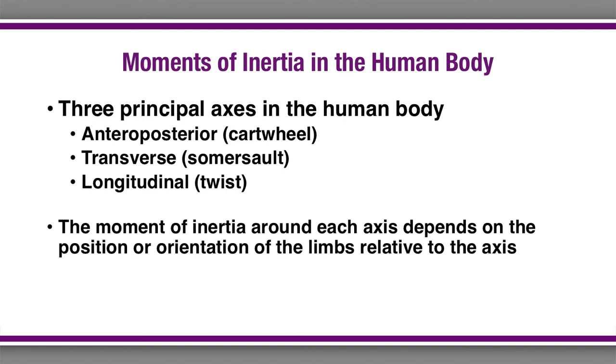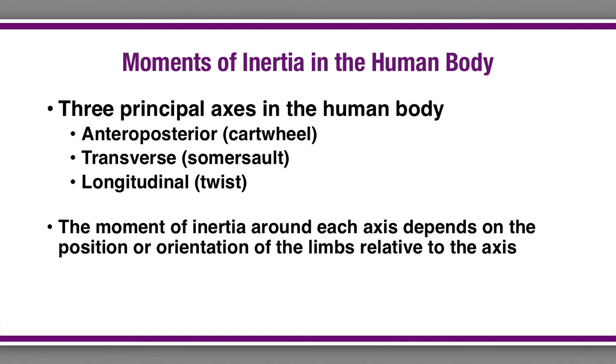If you think about doing a cartwheel, that's full body motion, you would be relatively rotating around that anterior posterior axis. Transverse axis, if you think about doing a somersault, this is where you have an axis going from right to left or left to right.